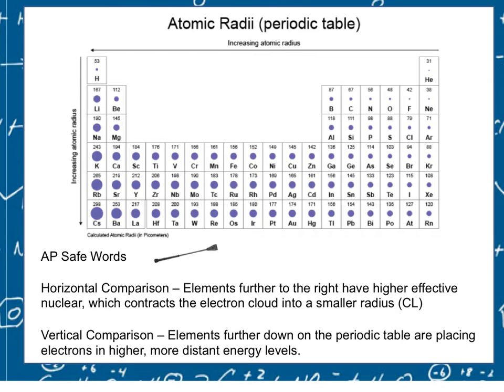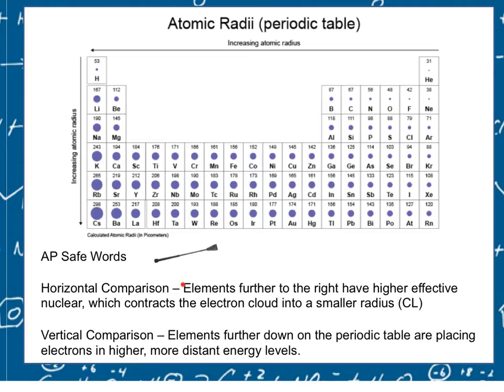So your safe words for talking about this, if you're going to make a horizontal comparison, the question asks you why a pair of elements in a horizontal period on the periodic table have the relative sizes that they do.